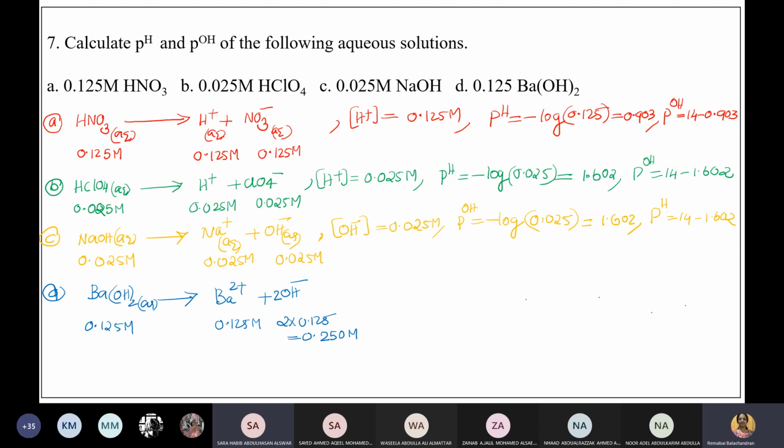Correct? Yes, doctor. So next step is OH minus concentration is 0.250. Now pOH is equal to minus log of 0.25, and what's the answer? 0.602.